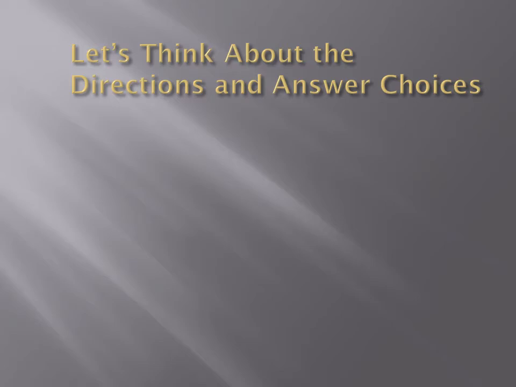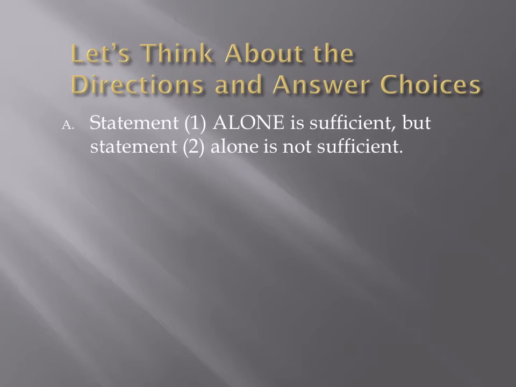Now for data sufficiency questions, we want to keep in mind the directions and the answer choices. These are 2 key pieces of information to keep in mind. The answer choices are always going to be the same for data sufficiency questions. So if you memorize those answer choices before going into the test, you won't have to spend time reading the answer choices. You can automatically start eliminating choices once you start working through the problem. So let's review those answer choices.